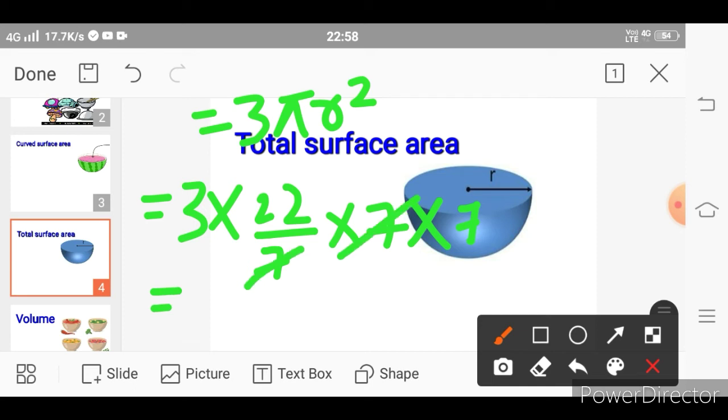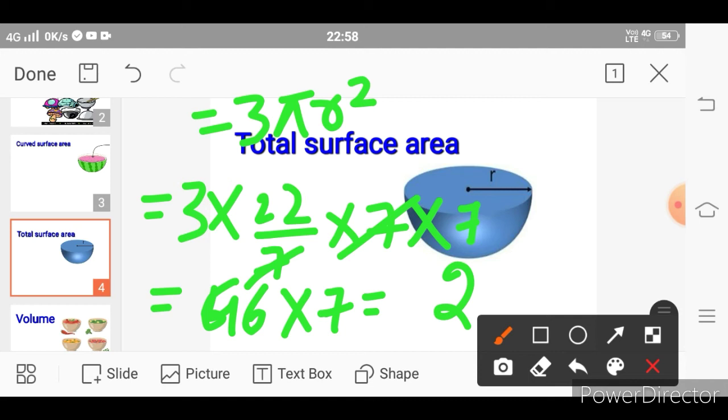So we get 66 into 7, that equals 6 7s are 42, 7 6s are 42, 42 plus 42... 462 centimeter square is the total surface area of this hemisphere.